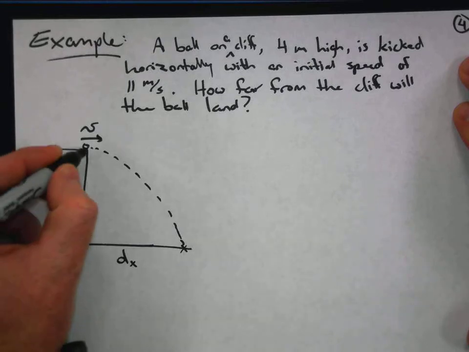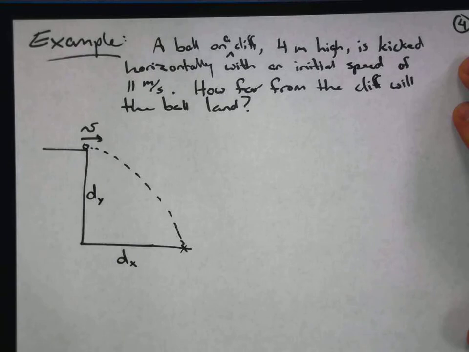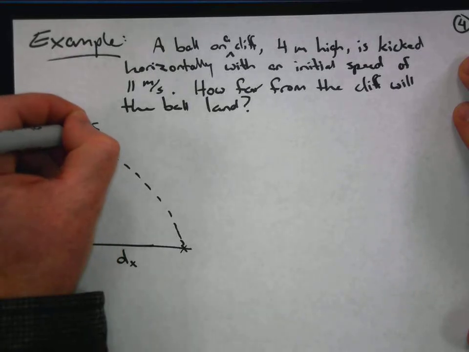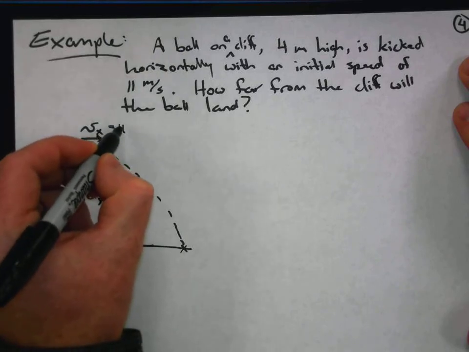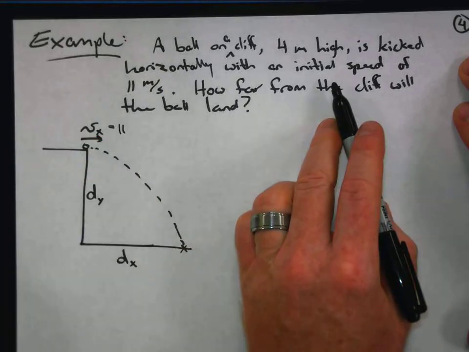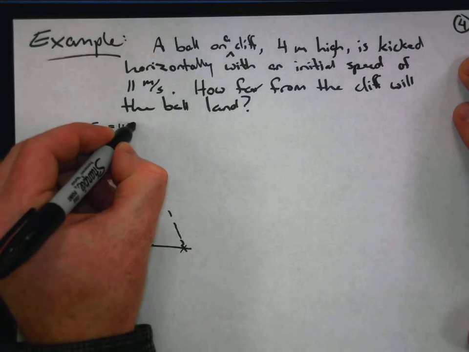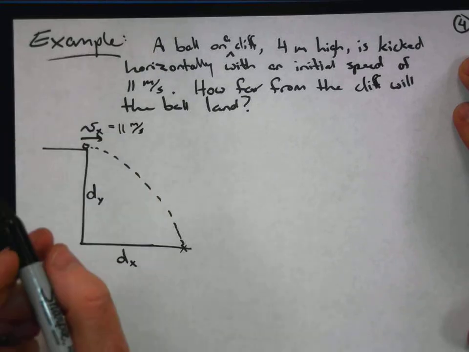Here, there is a vertical distance, and that's going to be dy. This velocity happens to be in the x direction initially, and I know that because it is kicked horizontally. There is no vertical part of this kick. So 11 meters per second is Vx.